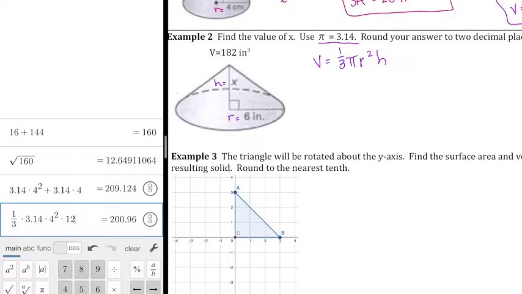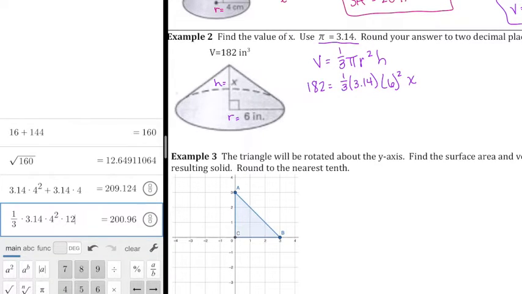That's what I'm trying to find. So I'm going to plug in the things that I know. The volume is 182, for pi I do 3.14, for the radius I'm plugging in 6, and for h I'm plugging in x.